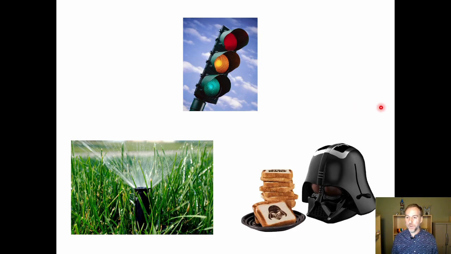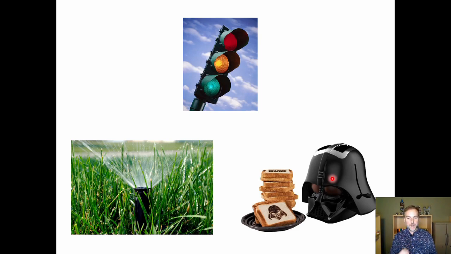And a third example is a toaster. I thought I'd find a fun toaster for this image here. So when you set the toaster, I'm not sure where the settings are in here, but let's say you say we want a medium level of toasting. You put the toast in, you push the lever down, and it's going to follow that program.